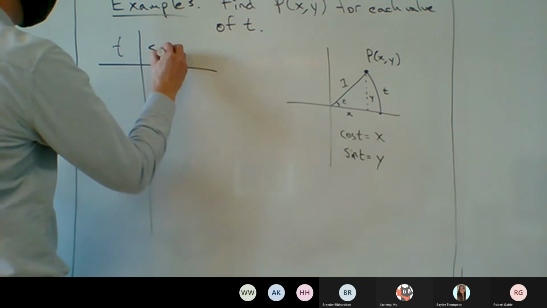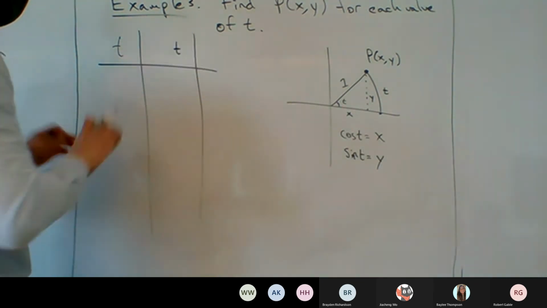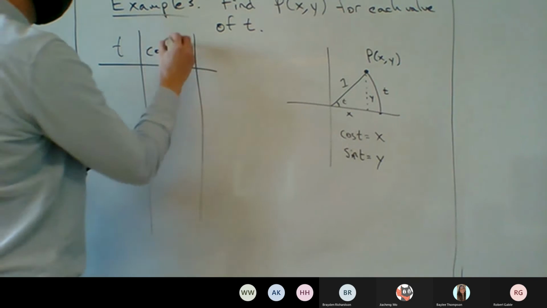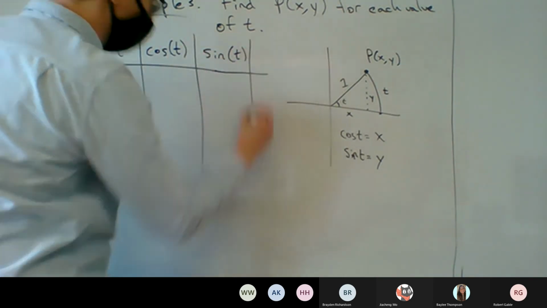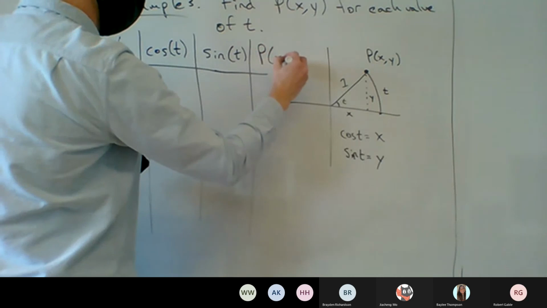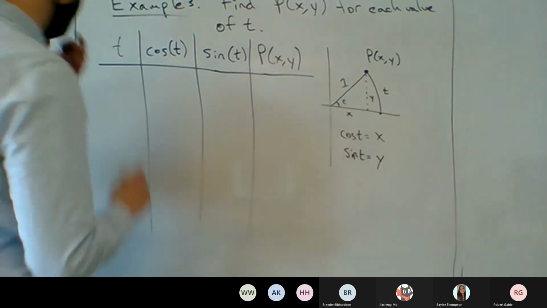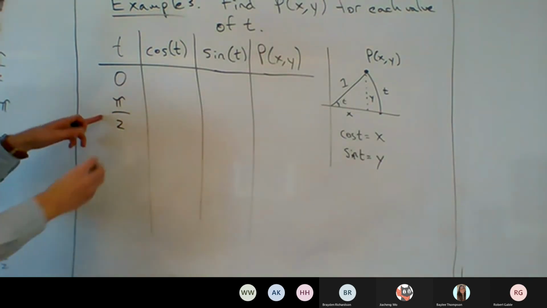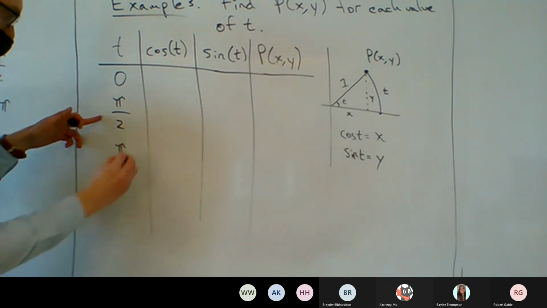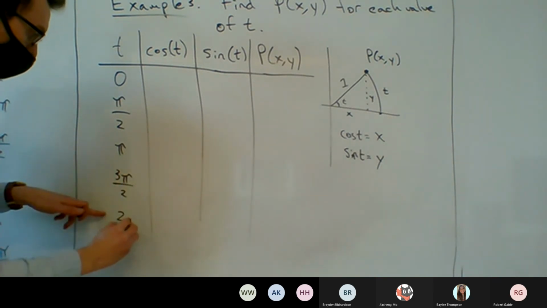We'll do it in order here: cosine of t, sine of t, and then the corresponding coordinate point, P of x, y. I'm writing down all the half pi: 0, pi on 2, pi, 3 pi on 2, and 2 pi.